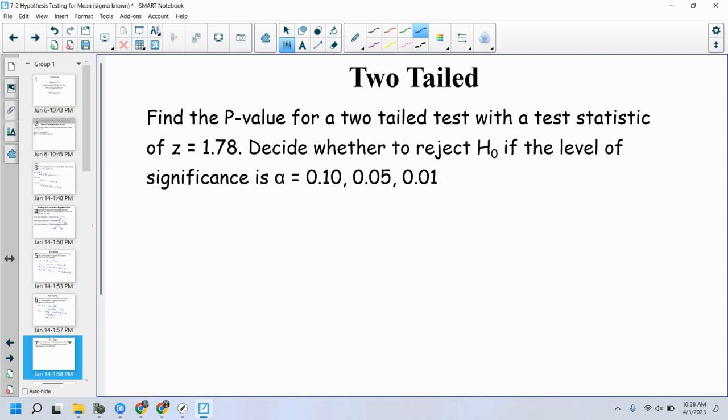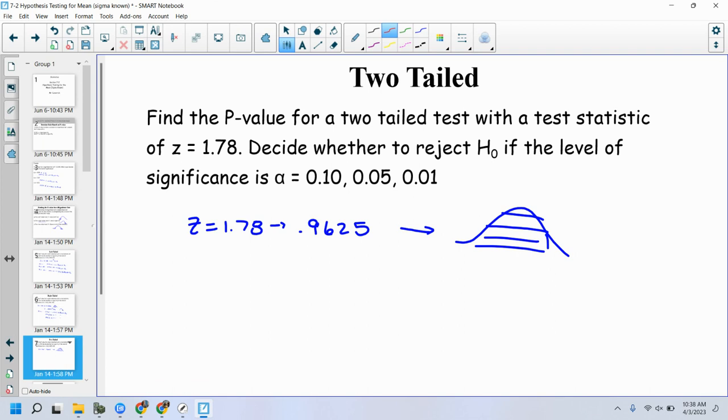Okay, let's try to get the correct number here. So we have z equal to 1.78, which gets us to 0.9625. Now, think about this. That is giving me the area under the curve of all of this, right?